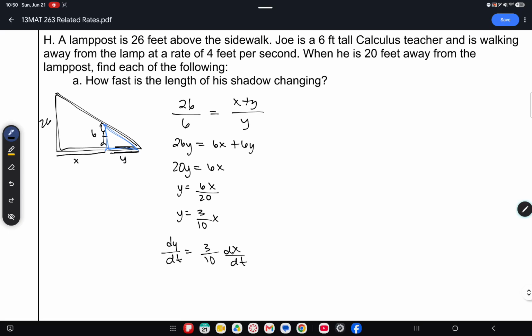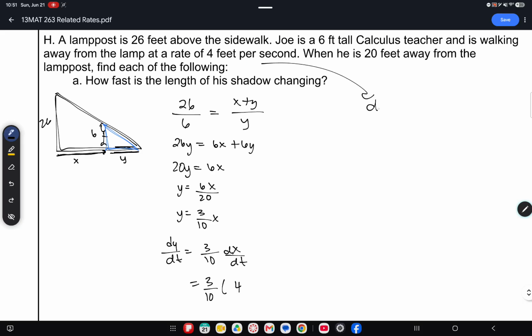And what did we want? What else do I know? Let's see. He is walking away at a rate of 4. So this x value is what is changing here. So dx dt is 4.